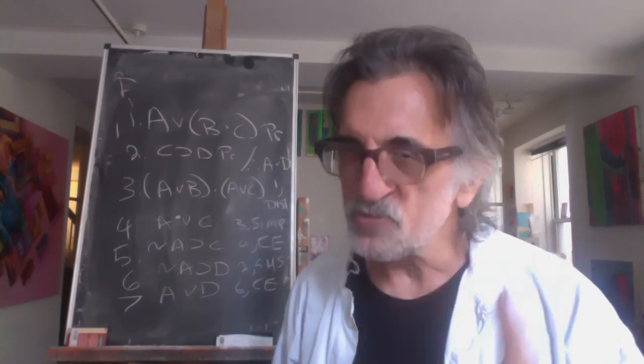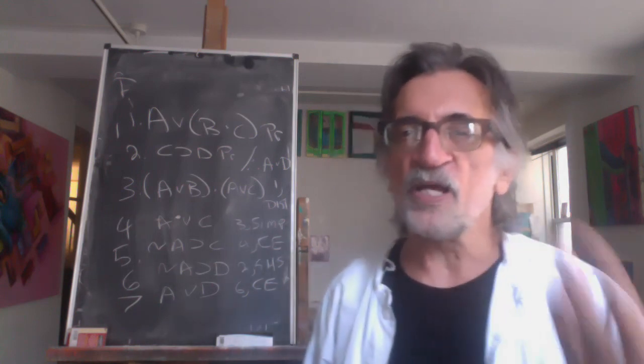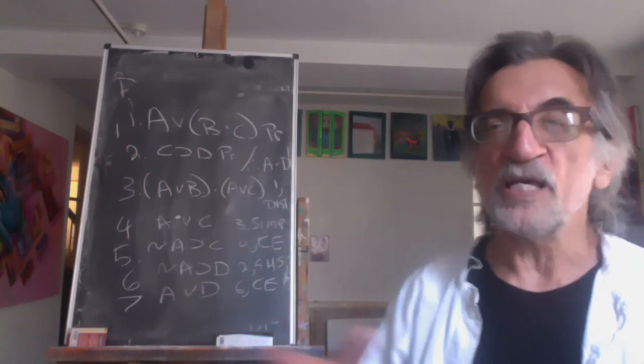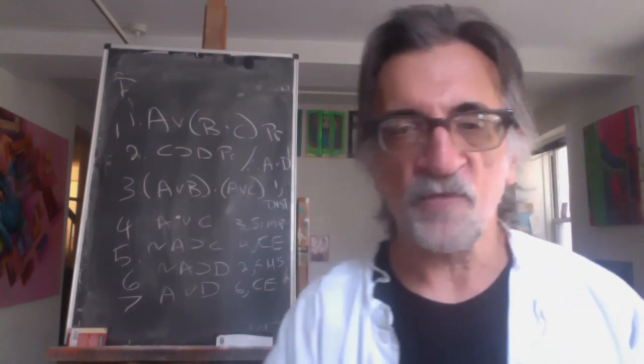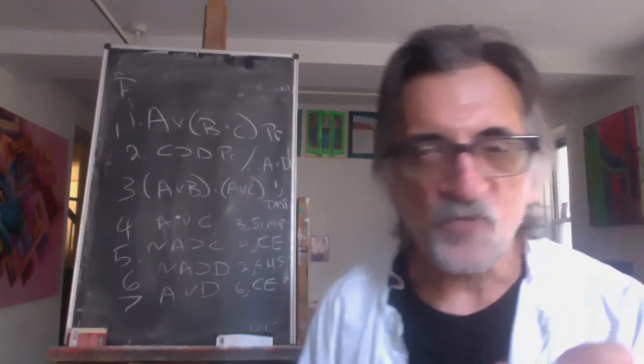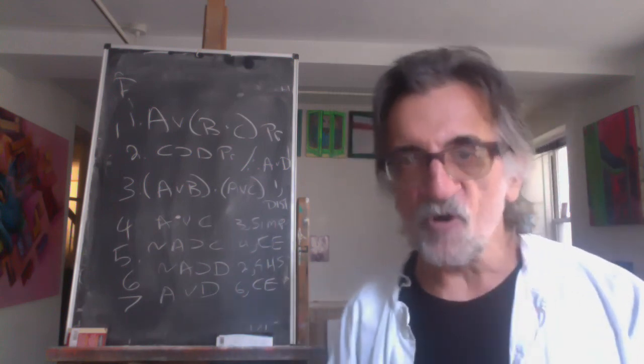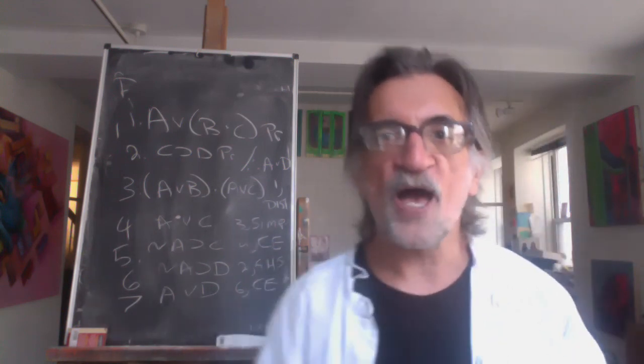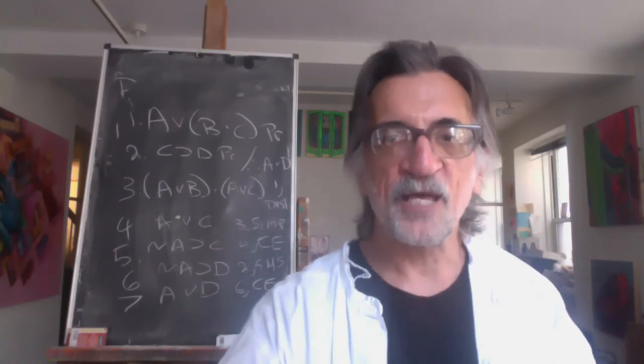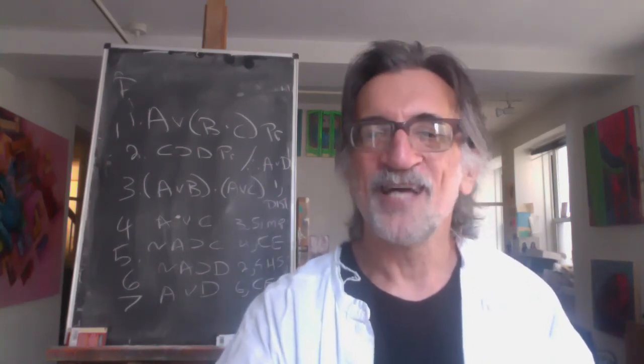And then once you see the way forward, they really unfold and you realize in the end, there's nothing to them. Okay, that's what you can do. That and much more is what you can do when you have the rules of inference together with the replacement rules. And that's enough for now.